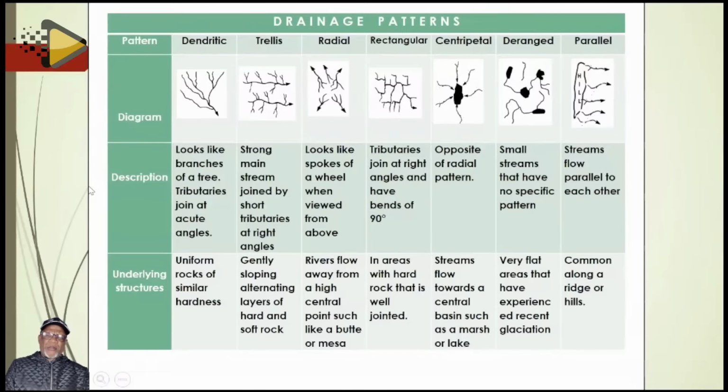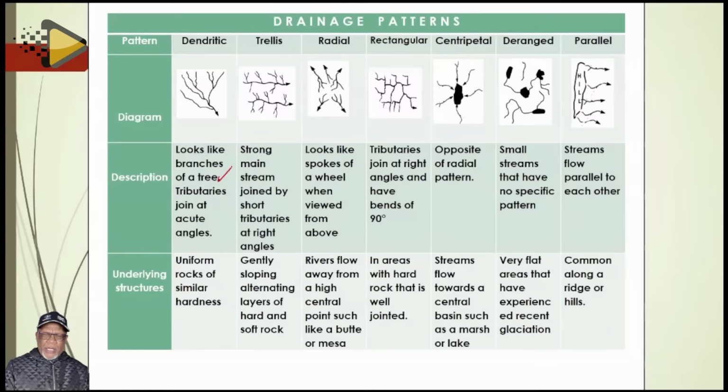Let me quickly look at the characteristics of drainage patterns. Sometimes in an examination, they want you to give characteristics of those patterns. Now, the dendritic pattern: what are the characteristics? It looks like the branches of a tree.